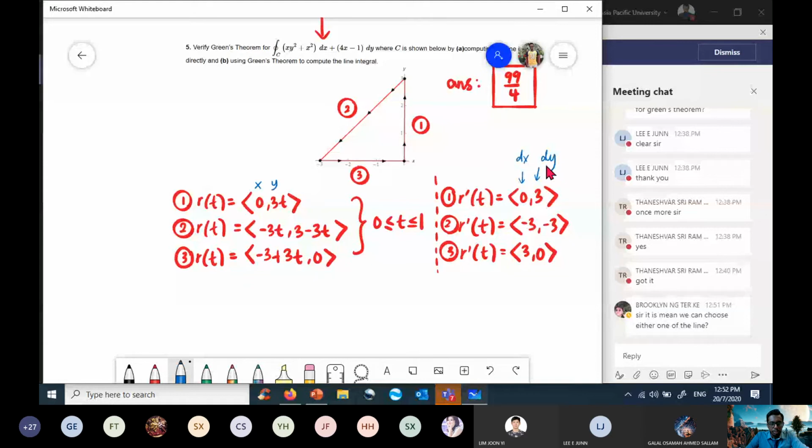Let me just substitute into the question to see what I get. This is just for line 1, by the way, just to show an example.